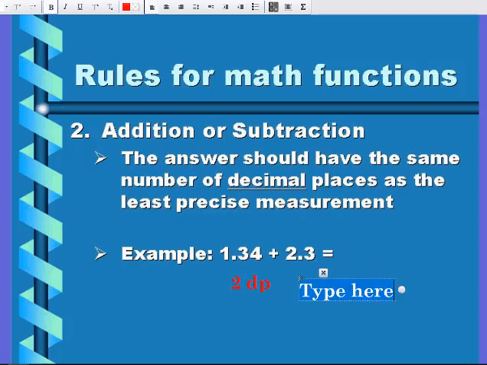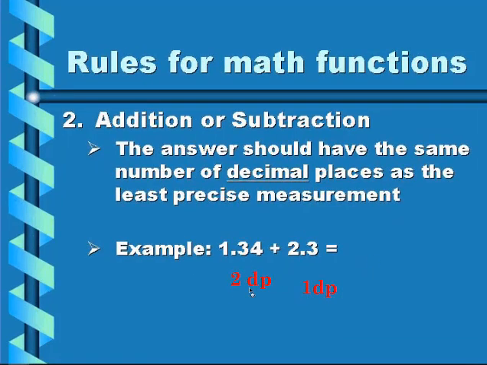This one has 1 number after the decimal place. Notice I'm not looking at sig figs. This one would have had 3 sig figs and 2 sig figs. I'm looking at numbers after the decimal. So when you add those up, you get 3.64. But I need my answer in one decimal place, so that's just going to turn into 3.6.